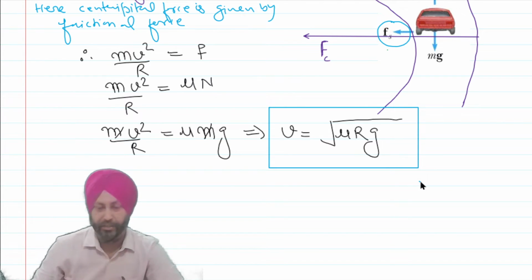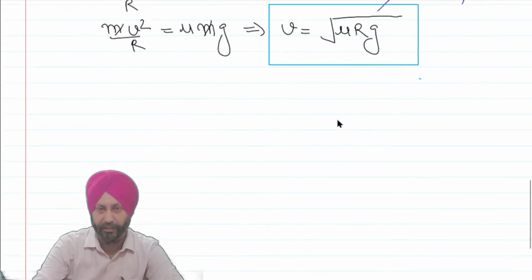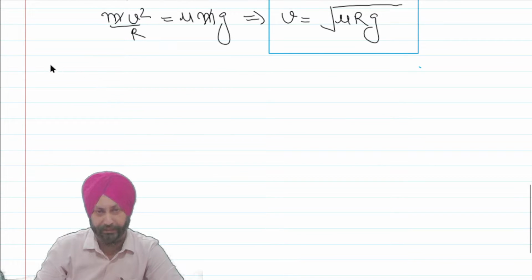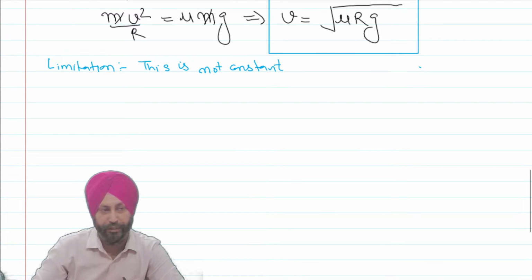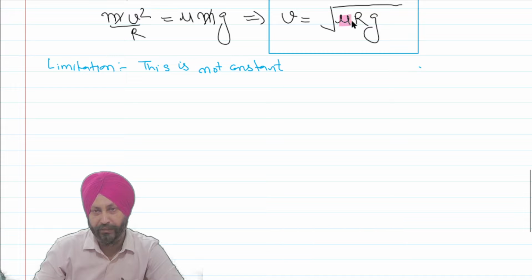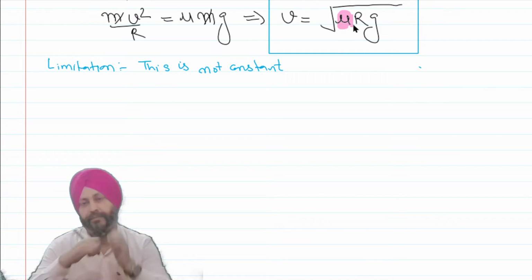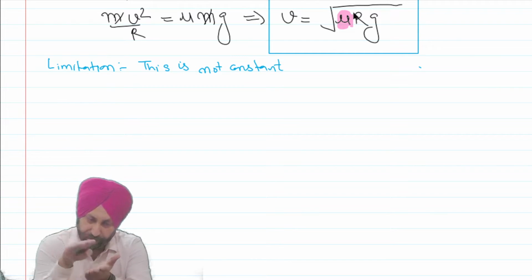But the limitation is that this is friction dependent. This is not fixed, not constant. Friction force depends upon the coefficient of friction, which varies from tire to tire and with the nature of the surfaces in contact.